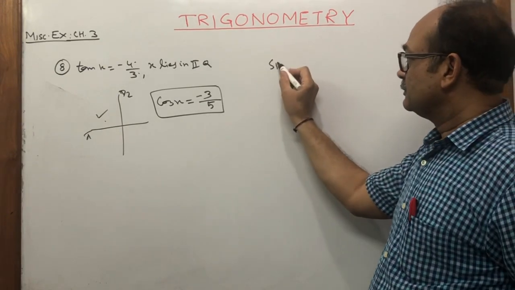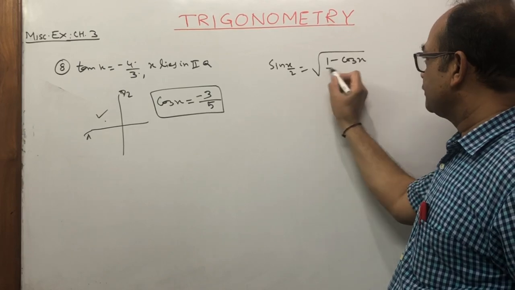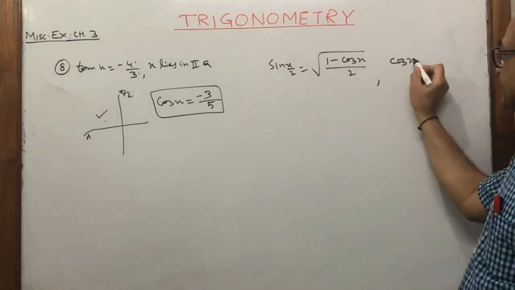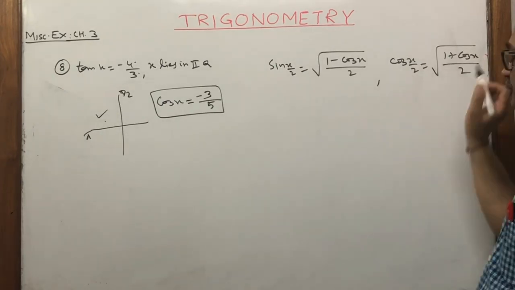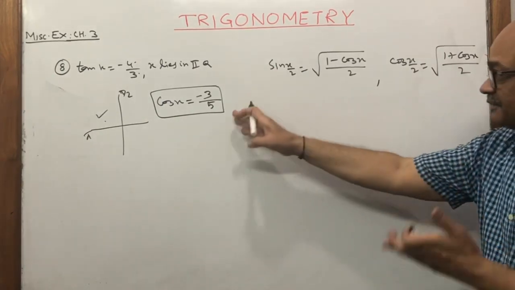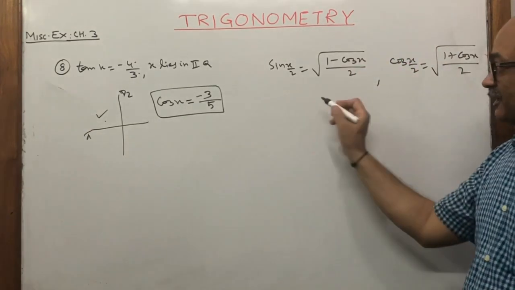Why are we calculating only cos x? Because you know sin squared x by 2 is (1 minus cos x) by 2, and cos squared x by 2 is nothing but (1 plus cos x) divided by 2. We can substitute the value of cos x here and get the value of sin x by 2 and cos x by 2. So how do we calculate?